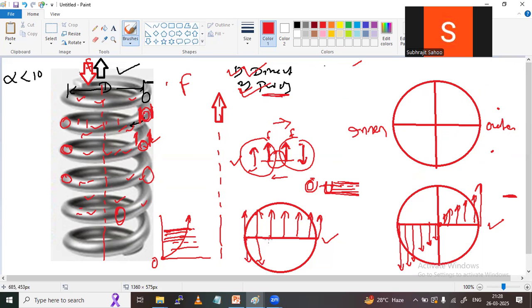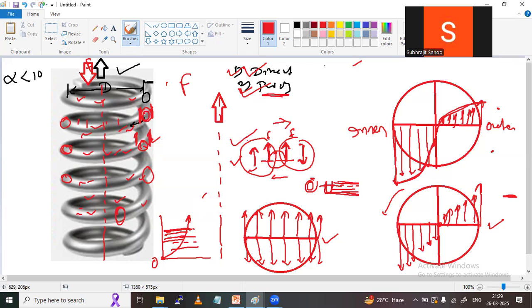Like tension here, down, down, down, because this is compression, anticlockwise. So here the inner edge stress will be more, and the outer edge stress will be less. Small line, small height, small height. If we draw the diagram, it looks like this. So the inner edge is subjected to more shear stress compared to the outer edge. Why? Because of the explanations I gave, right?